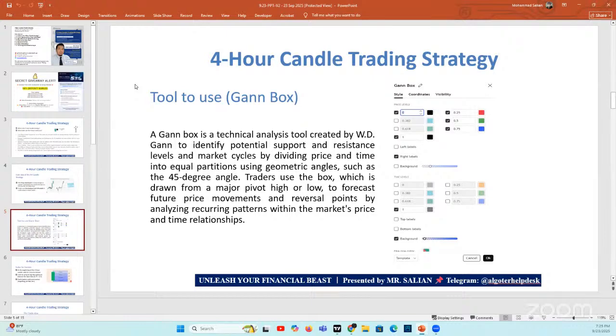Okay, now the tool to use. To use this strategy, you need this tool, the Gunbox. Have you heard of this, my friends? The Gunbox tool. Anyone?